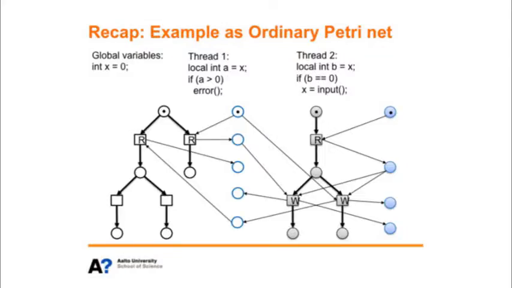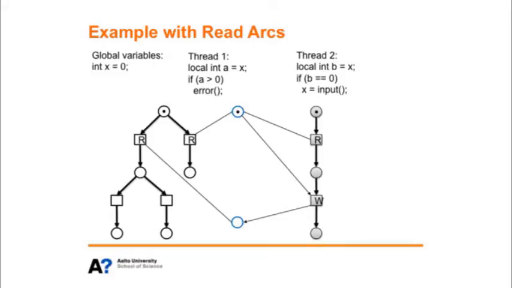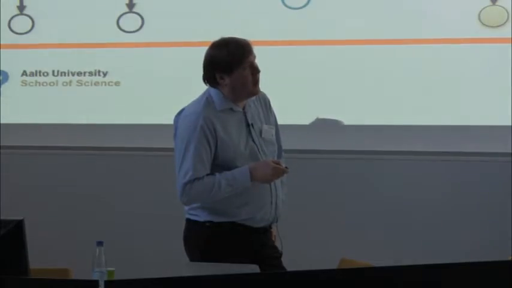So what can we do to get rid of the place duplication? So let's do a place duplication removal. And what we now have is one place per global variable, where we have these undirected arcs in here, which are called read arcs.